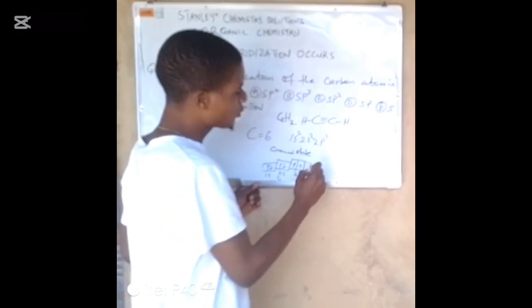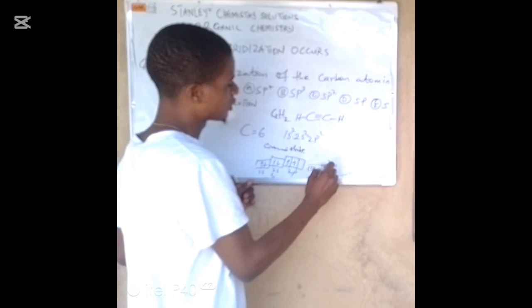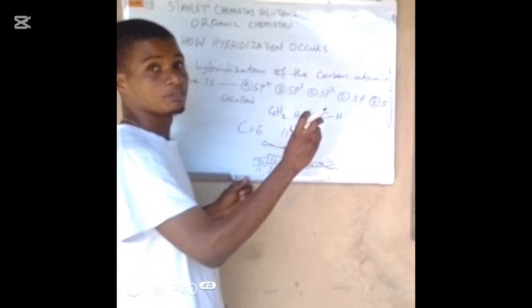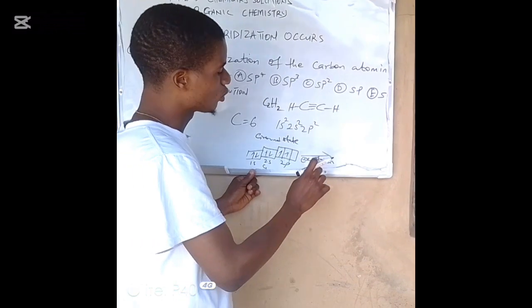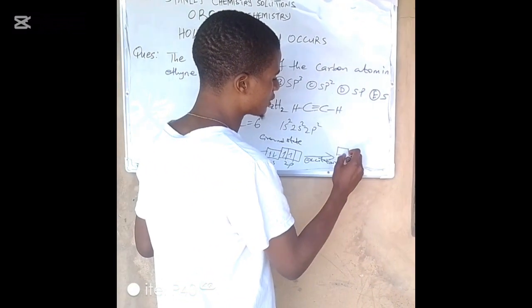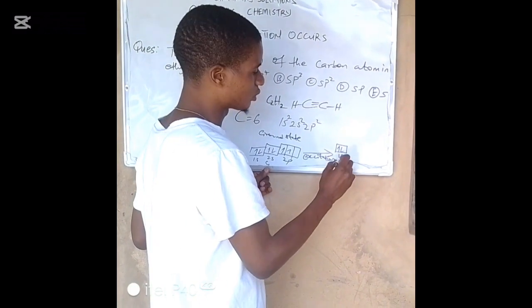Now, when we subject this carbon to excitation, when we excite this carbon so that it can go above the ground state energy level, we can promote an electron. So this is the first shell, 1s, with 2 electrons in it.